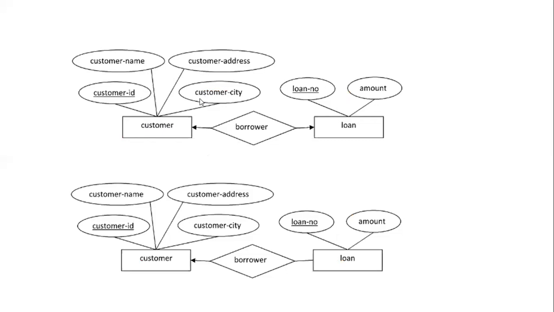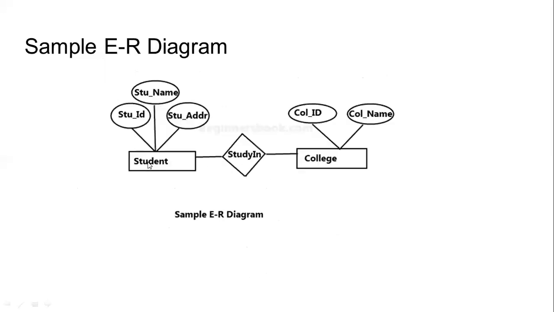So here in this sample ER diagram, there are two entities, student and college. Student and college have a relationship, study. A number of students study in a particular college. The student attributes are student ID, name and address.